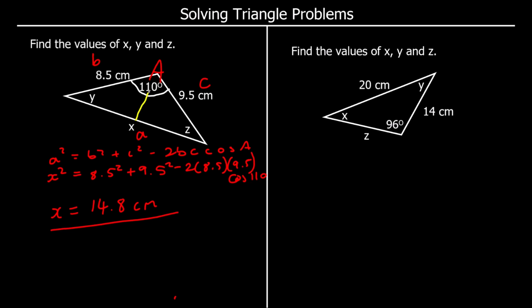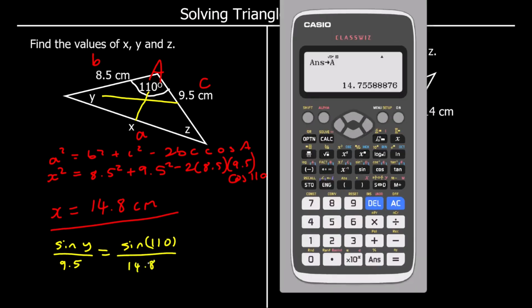And then let's have opposites now. So angles on top. Sine y over 9.5 equals sine 110 over answer of 14.8. So sine 110 over answer times 9.5.